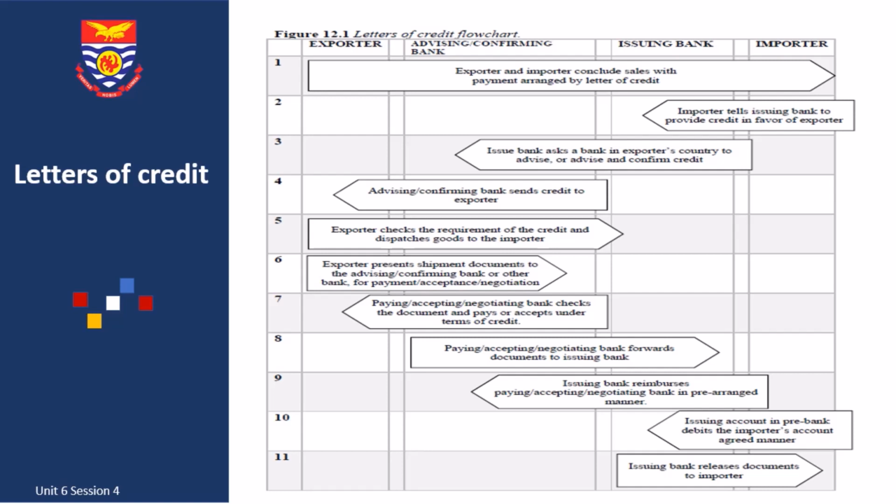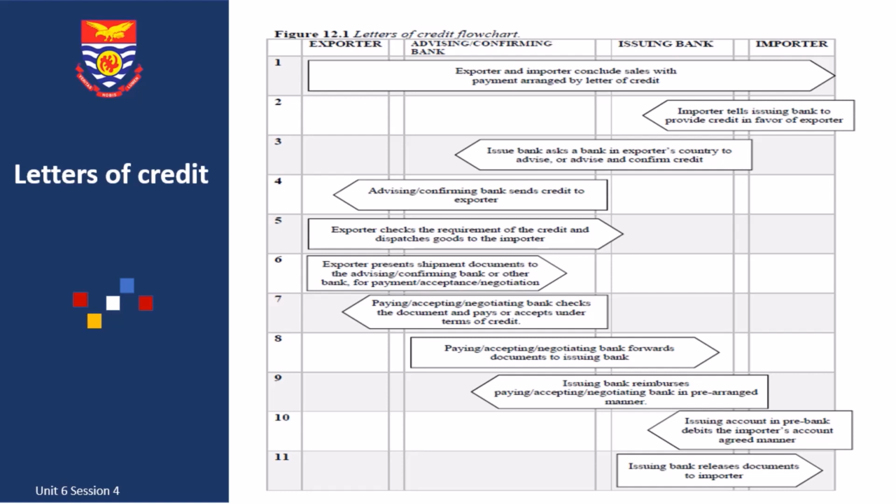Then the paying, accepting or negotiating bank forwards the documents to the issuing bank. From this stage, the issuing bank will reimburse the advising bank in a pre-arranged manner. Then the issuing bank will debit the importer's account in the agreed manner.